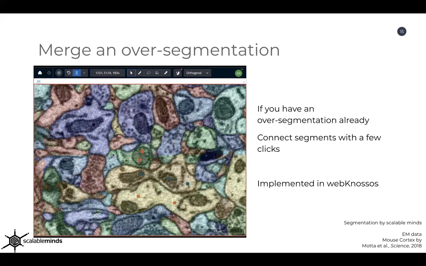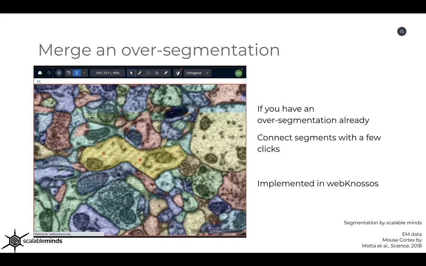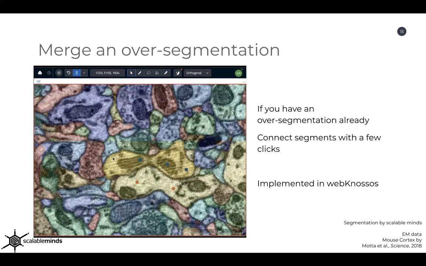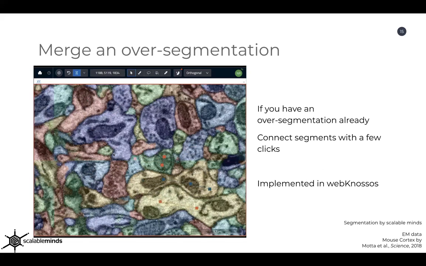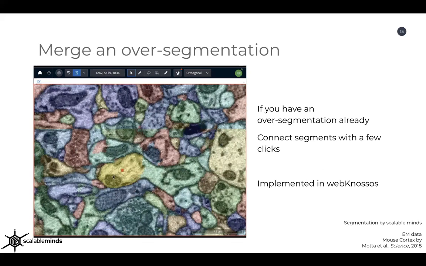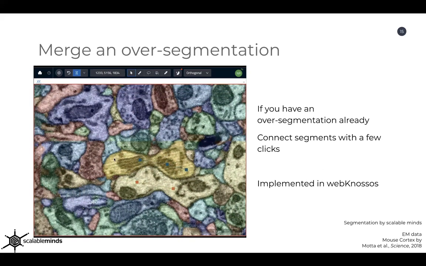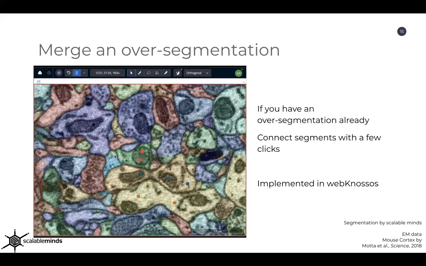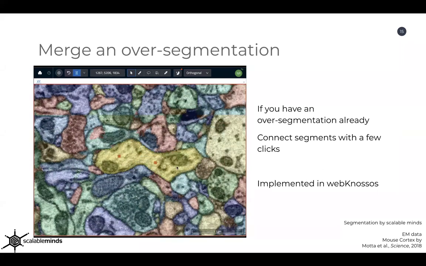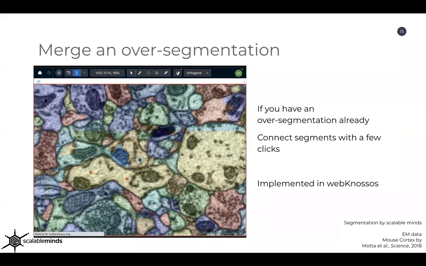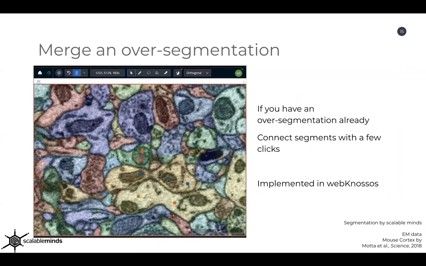And the cool thing about this is that the segmentation in the first place doesn't have to be very good. If you're dealing with multiple data sets, you could use a model that is trained on a different data set and apply it on this one, and then just do the touch-ups. And of course, this will only solve an over-segmentation, so it will solve split errors. If you have any other errors, then you can again use the regular volume annotation tools like brushes or something.